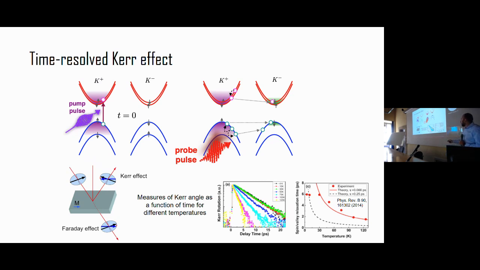So basically, this is what you see in some of the experiments. This is the Kerr rotation, and you can see that the Kerr rotation decreases faster when you increase temperature. And okay, this is the experimental and some theory based on models.